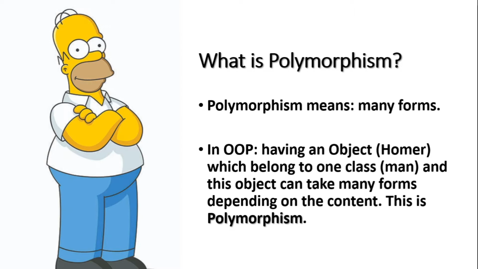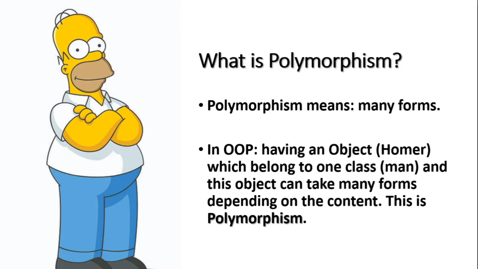As you can see here, there's a sort of connection. Polymorphism by itself means many forms. Now let's try to understand this example from an object-oriented programming perspective. Polymorphism basically means having an object, in this case Homer, which belongs to a class, and this class is called man.